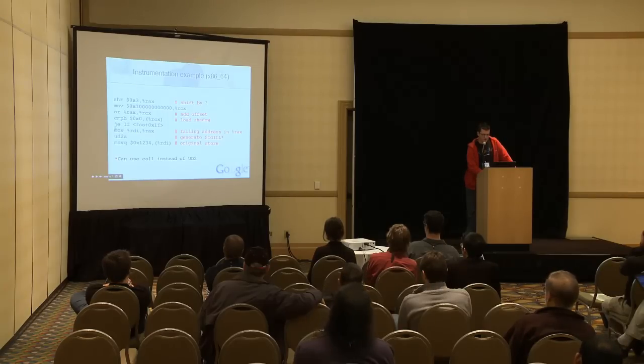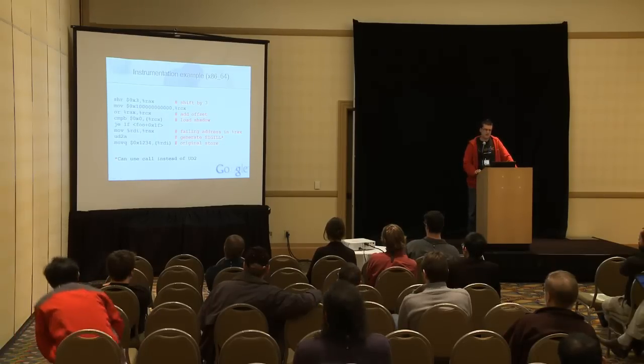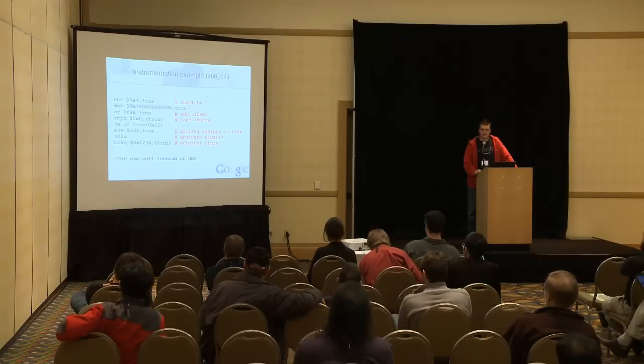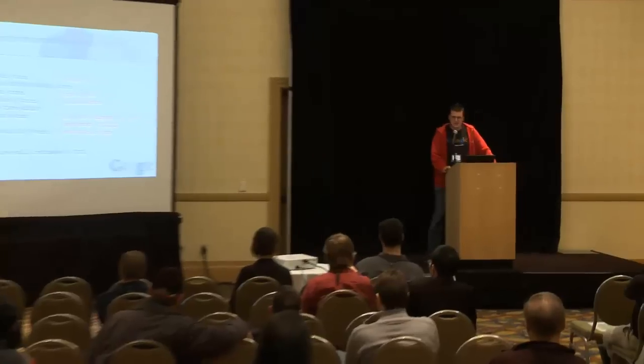And if it is not 0, it jumps to the code that crashes. In this example, we have an instruction that generates an illegal instruction exception, and before that, we put the original memory address into some fixed register so that the signal handler knows where to find the address. Another way to do the same thing is just to call a runtime function. It's slightly slower, but works the same way.